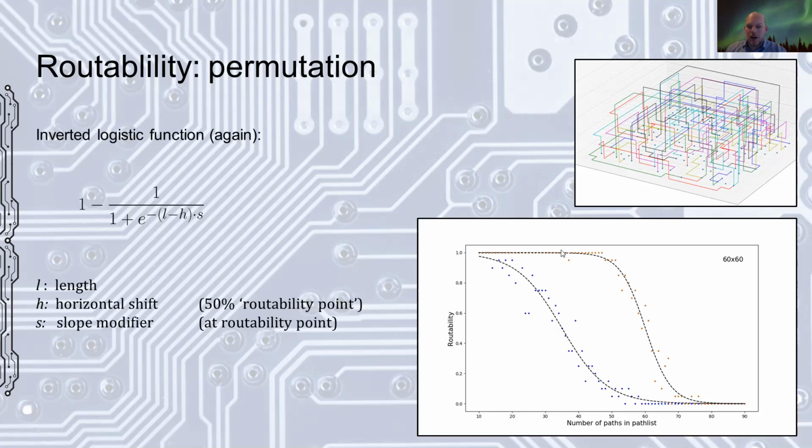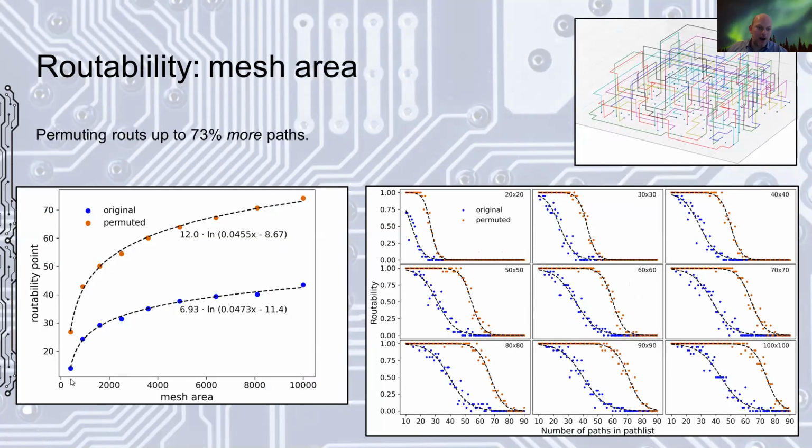The new solvability sigmoid can also be characterized by the inverted logistic function. And again, we have the original routability point, and we have the permuted routability point, the routability point you get assuming that you are allowed to try 200 different orders in your path lists.